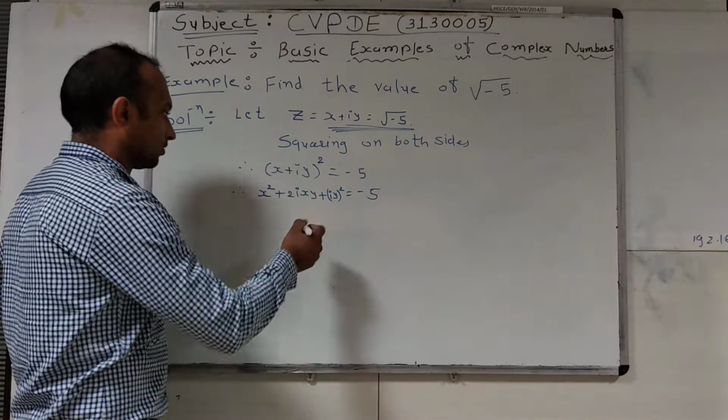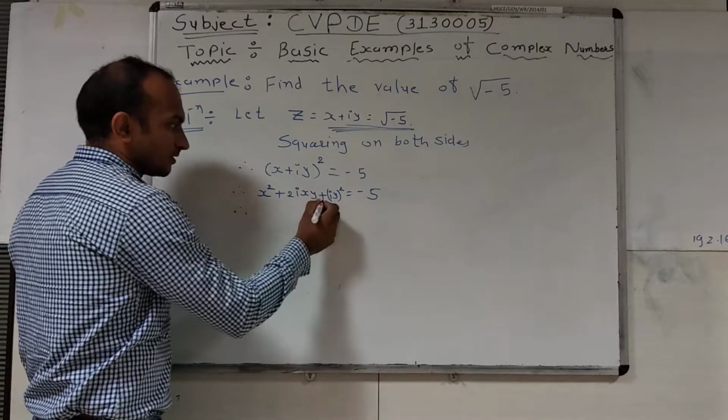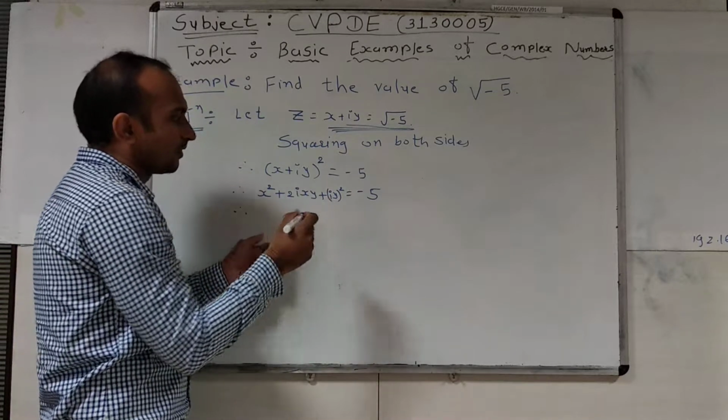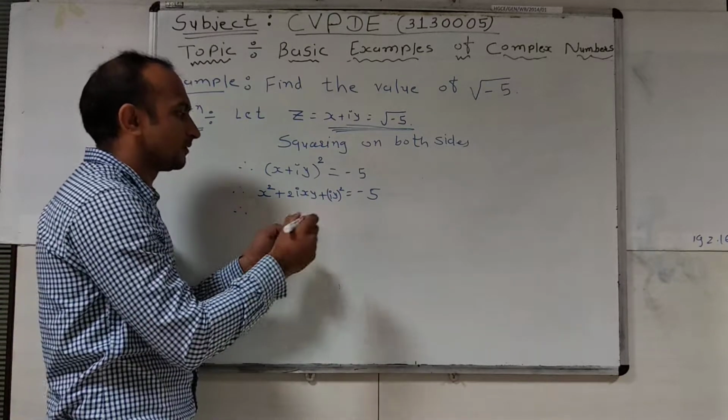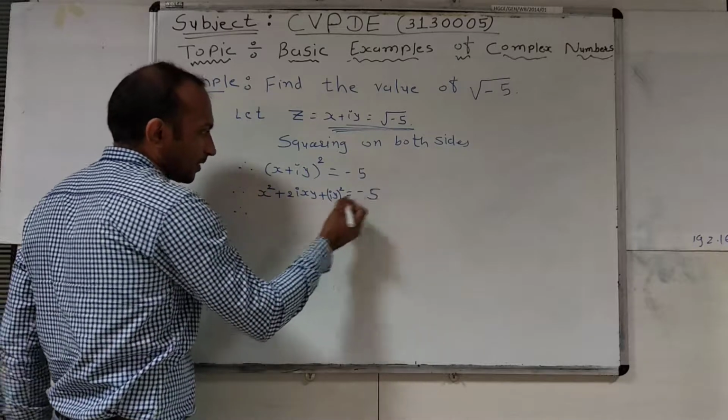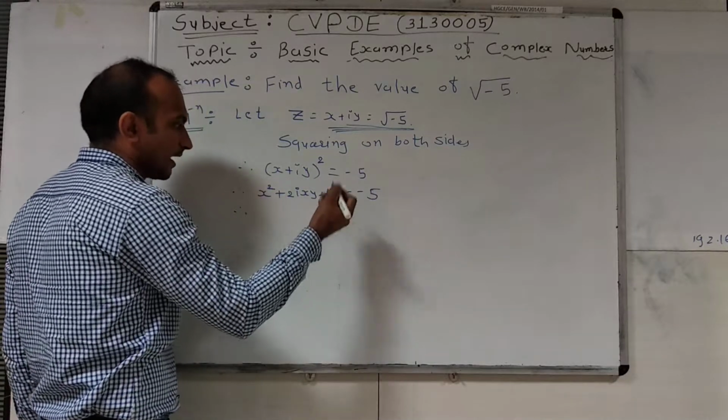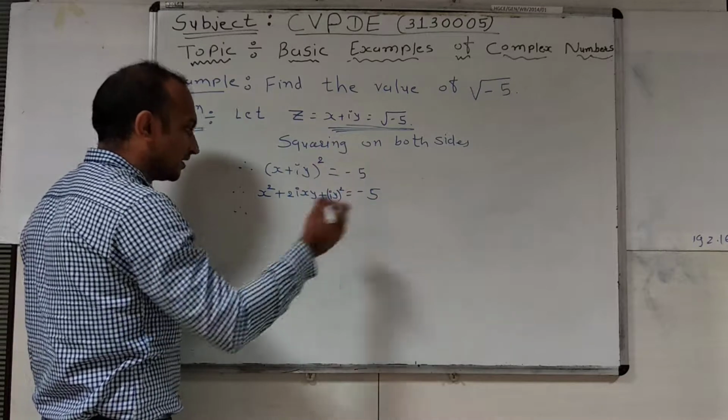Next, we know that this is the multiplication of two values, i and y, so taking the square separately, i square y square, and we know that i square is minus 1.